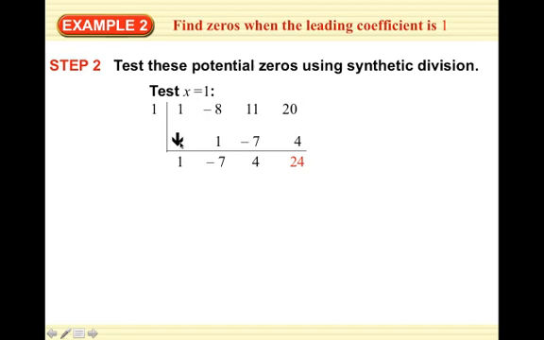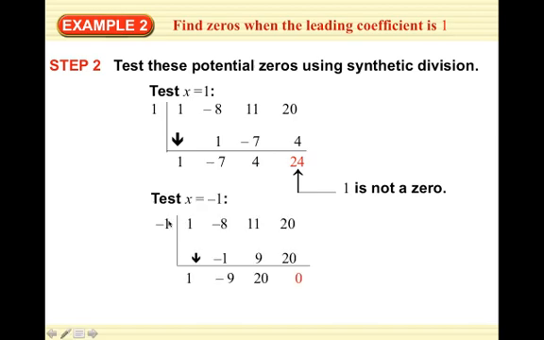Our leading coefficient was 1, so we bring it down. 1 times 1 is 1. Negative 8 plus 1 is negative 7. Negative 7 times 1 is negative 7. 11 plus negative 7 is 4. Times 1 is 4. 20 plus 4 is 24, which is not 0, so 1 is not a zero. It did not generate a 0, so it is not a zero.